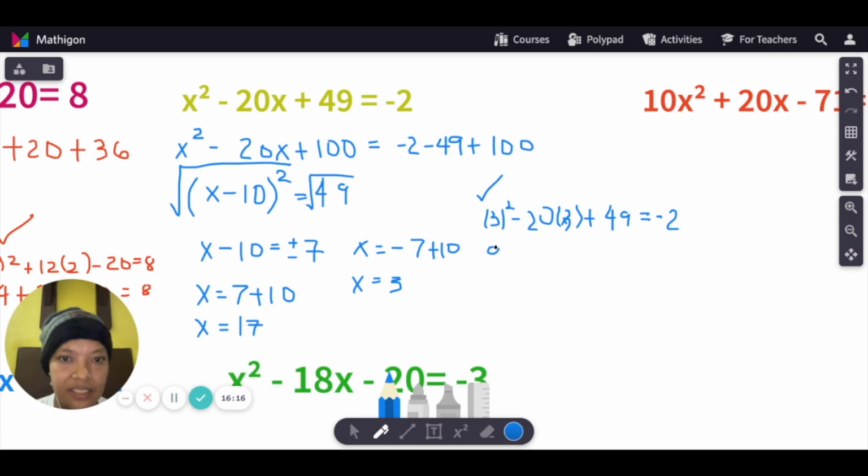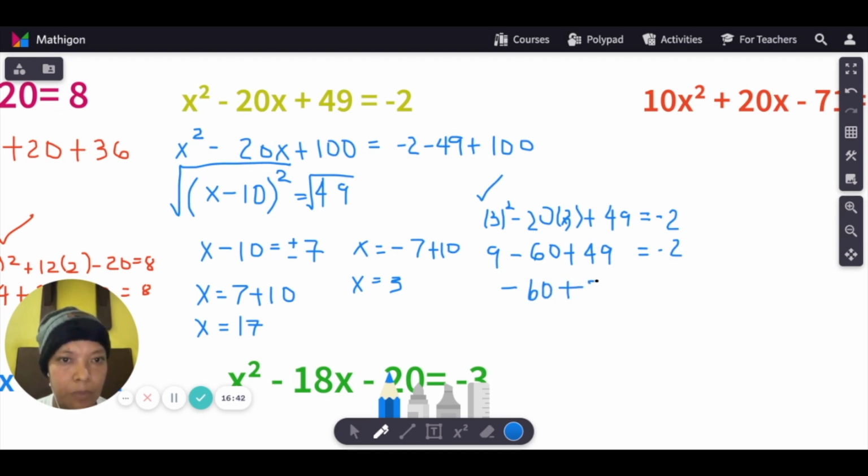So, this is 9 minus 60. Tama po ba? Plus 49 equals negative 2. So, this is negative 60 plus 58.